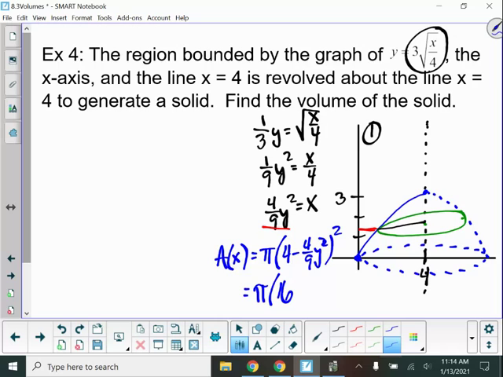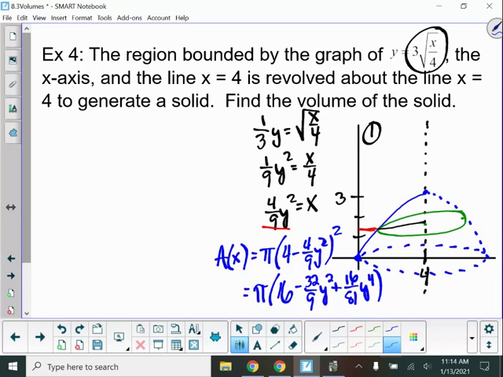So 2 times 4/9 is 8/9, well, negative 8/9 times the 4 is going to give me negative 32/9 y squared. And then I square the last term, so the negative 4/9 y squared, the quantity squared, is going to be 16 over 81 y to the 4th. So that is going to be my area formula.